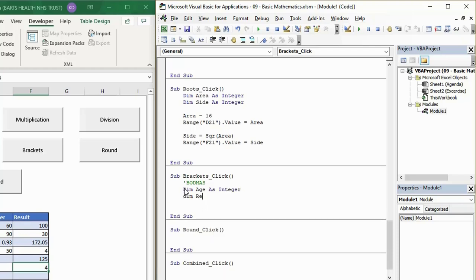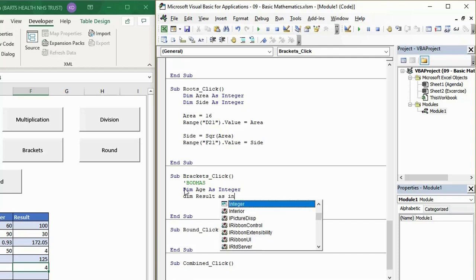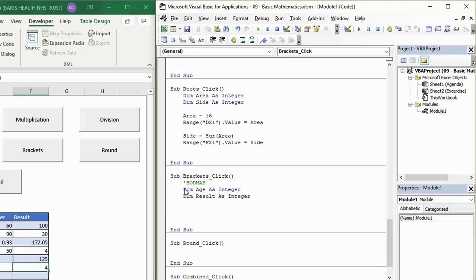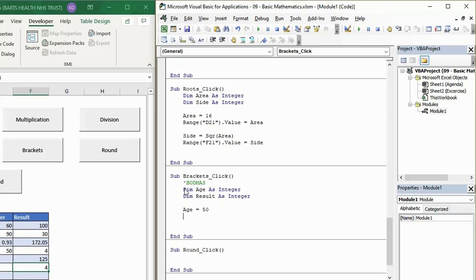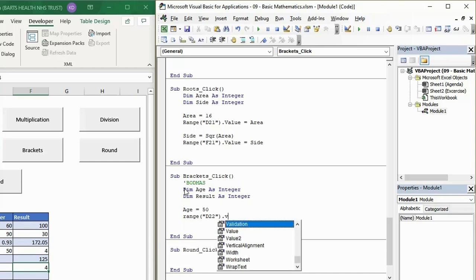And let's declare a variable to hold the results of our calculation. Let's say the age was equal to 50. Let's write that out to Excel.